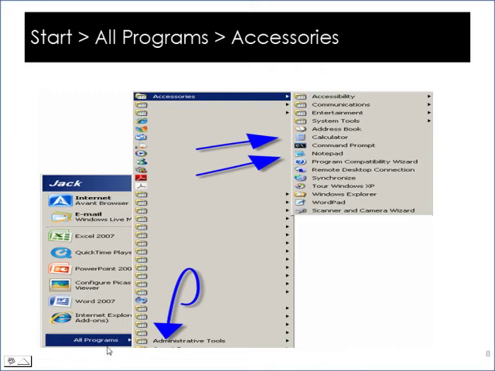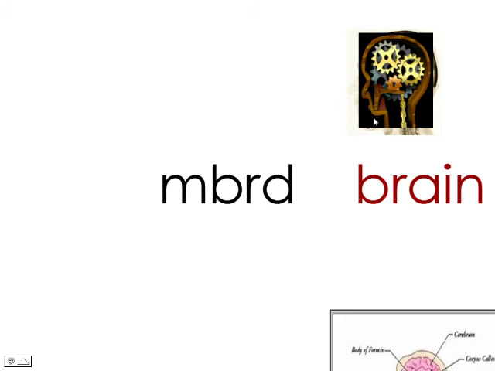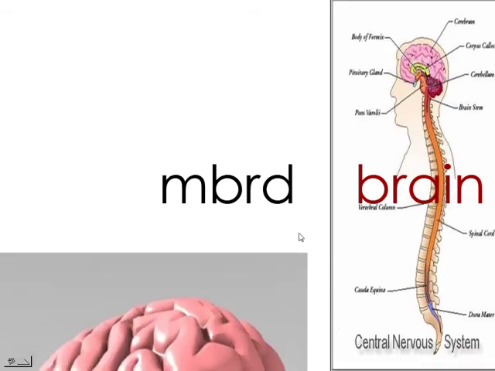Right. If you go to the start, you've got here administrative tools. All programs, you've got accessories there, but down here you've got administrative tools. Okay. What are we looking at here? There's the brain. There's a better look at the brain.